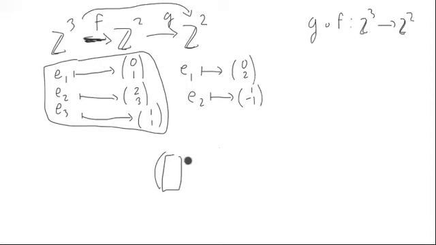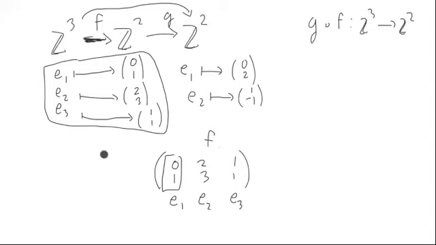So there's going to be 2 rows. And we're going to have a column, so an image element for each basis element of the domain. The domain has 3 basis elements. Each column stands for a basis element, and then you're taking the image of it. So this one goes 0, 1, E2 goes 2, 3, and E3 goes to 1, 1. So this is the matrix which represents F.